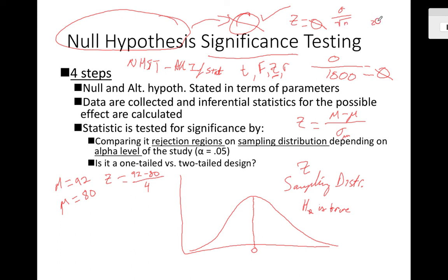Our sample size was equal to 25. It was already given to us that the population standard deviation was equal to 20. So 20 divided by the square root of 25, which is 20 divided by 5, is equal to 4. So that's where we get our standard error equal to 4.